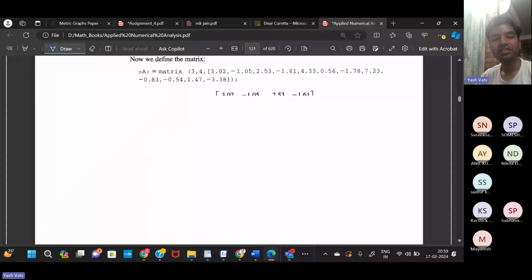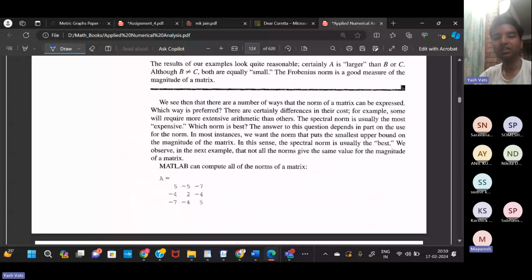So Cholesky factorization is like this. Okay, I can show you the steps.